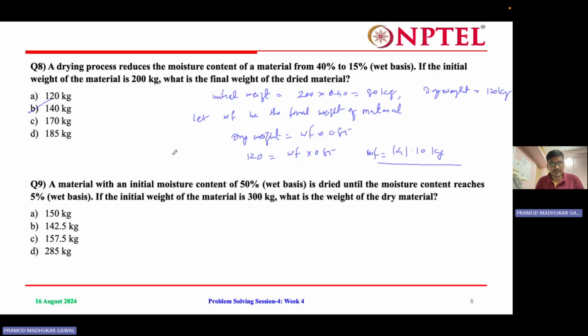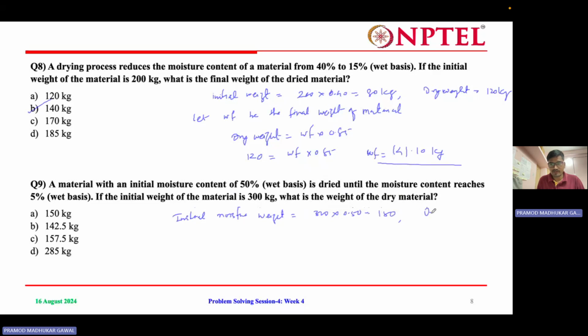See, the same concept applies here. The initial moisture weight is 300 times 0.50, so 150.